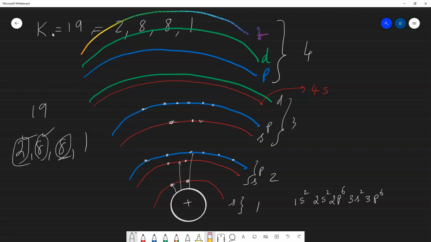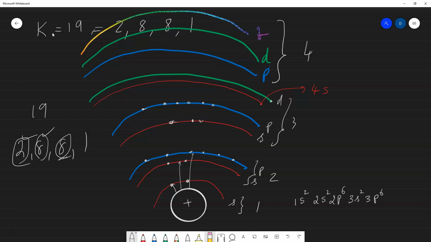Now if we did not know about 4S being closer, what we would have done is just given the 1 electron to the D level, and we would have written 3d1. But this is wrong. We can't do this, because now we know that the D subshell of level 3 is further away.